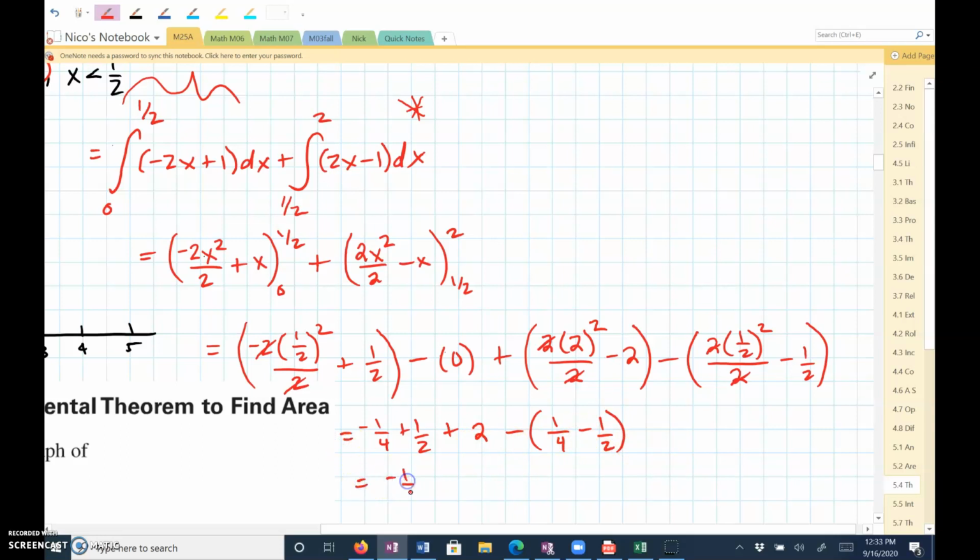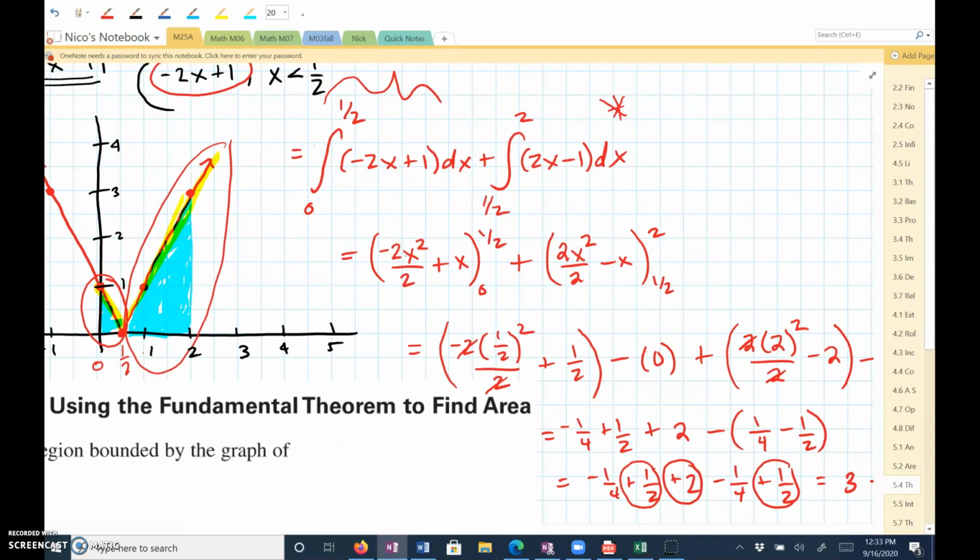So I've got negative 1/4 plus 1/2 plus 2 minus 1/4 plus 1/2. So 1/2 and 1/2 is 1, plus 2 is 3. So I have 3 minus 1/4 minus 1/4 would be 1/2. So this is going to be 2.5, or 5/2. That would be the area underneath the curve here.